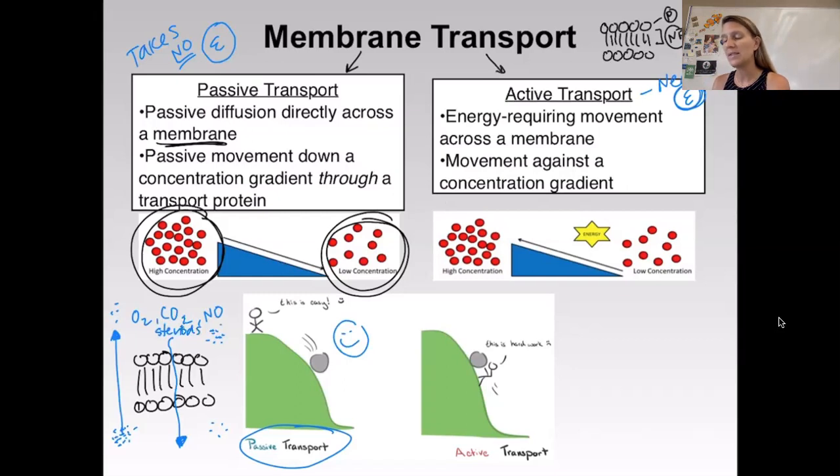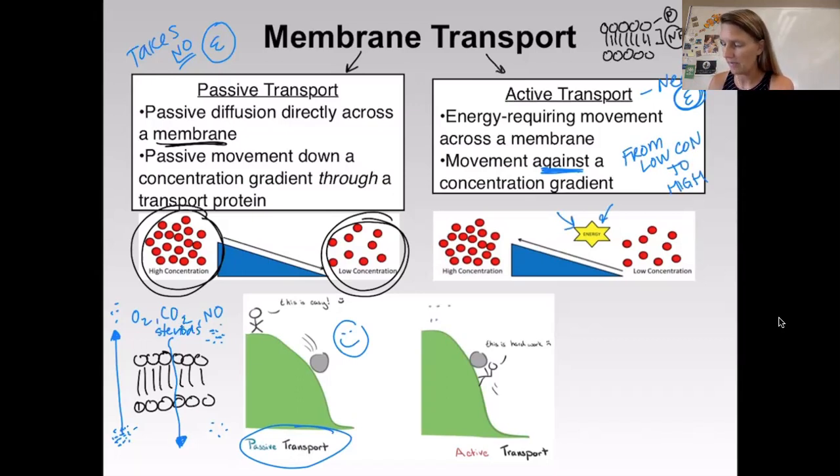And that is because here you are moving against the concentration gradient. So instead of going down the concentration gradient, you're going against it. So you're going from low concentration to high concentration. And that's hard. That's not the way that diffusion normally works. So you have to have an input of energy. And I always think of this as kind of pushing a ball up the hill.